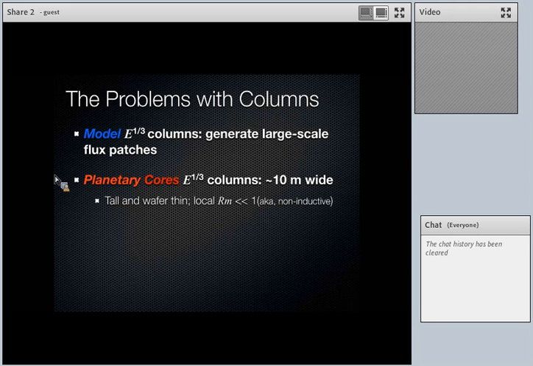And now the issue is that when we try to make this same argument to explain the models for Earth's core, we see that Earth's core has a much lower Ekman number. The Ekman number in Earth's core is about 10 to the -15, which means that the width of the columns would be about 1/100,000th of their height. So they'd be very tall.